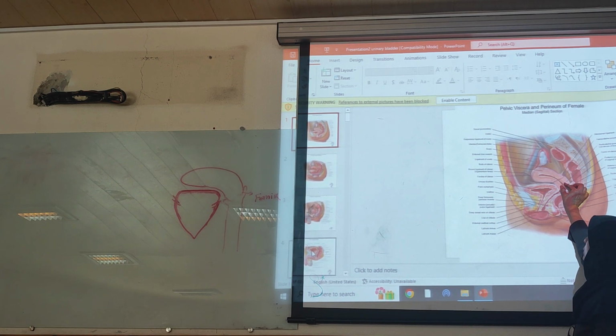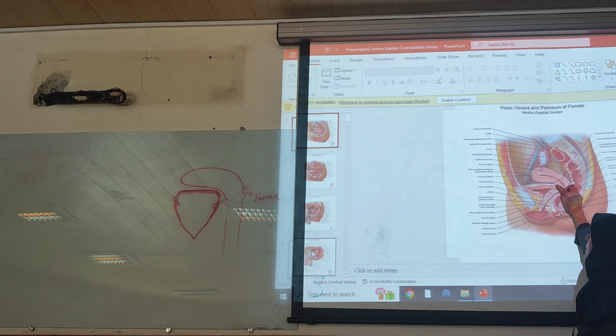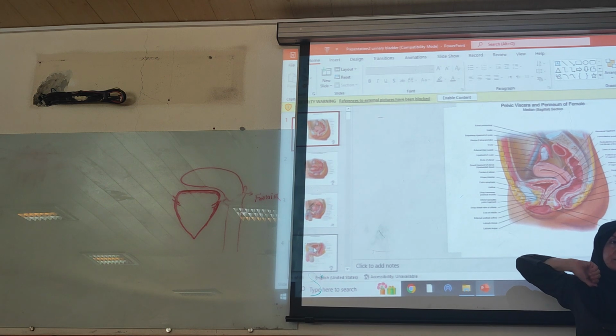The cervix is posteriorly covered by the peritoneum, but anteriorly never, because the peritoneum covers the anterior surface of the body and is reflected to the superior surface of the urinary bladder. The anterior surface of the neck of the uterus is never covered by the peritoneum.